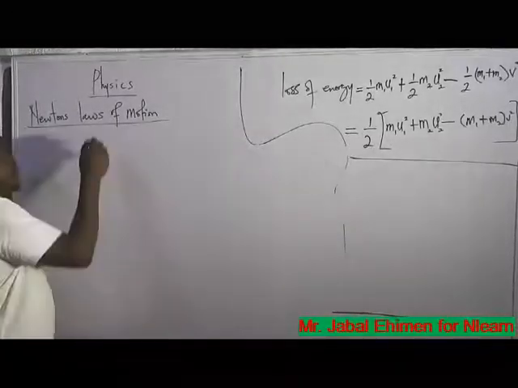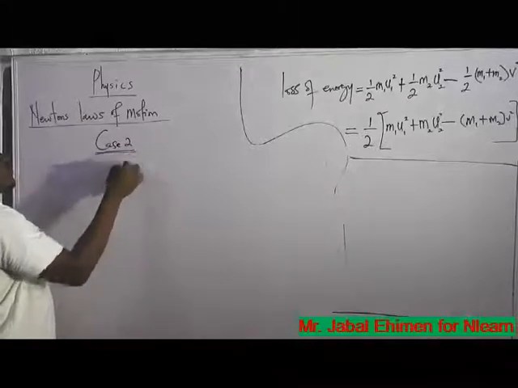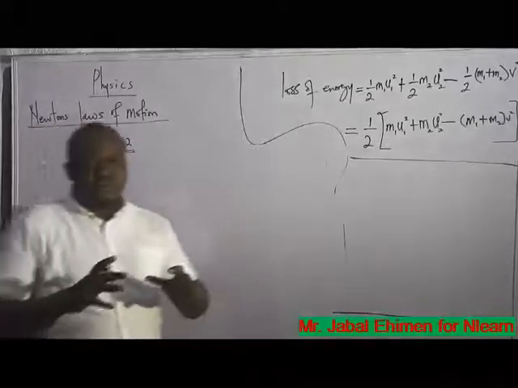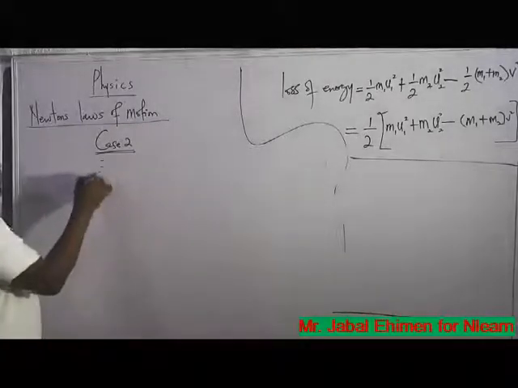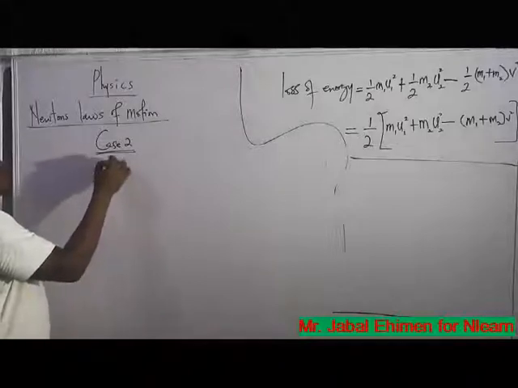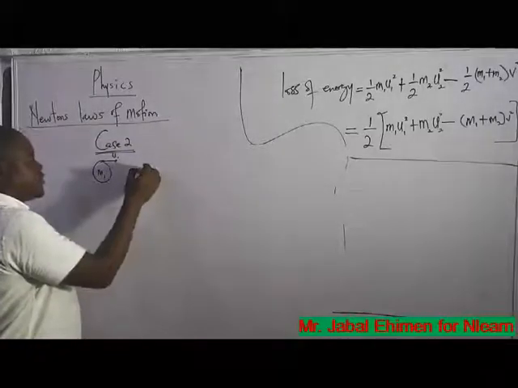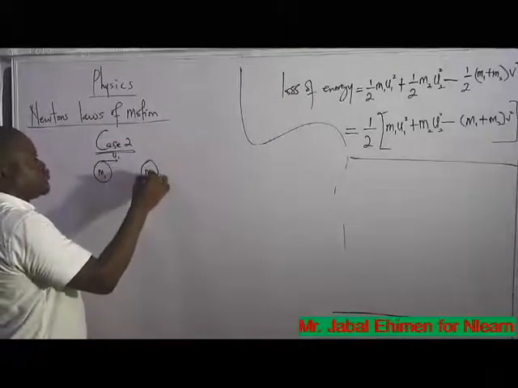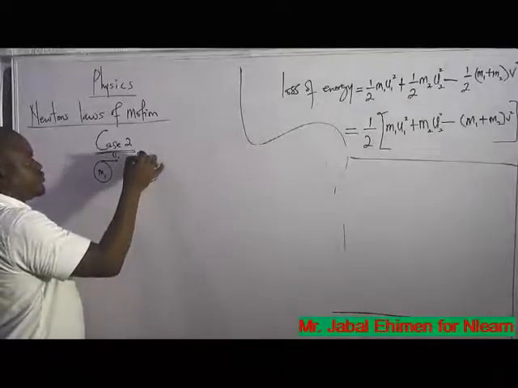For case 2, class, case 2, a system of colliding bodies. Let's consider a body, M1, moving with U1, and another body, M2, but moving in opposite direction, U2.